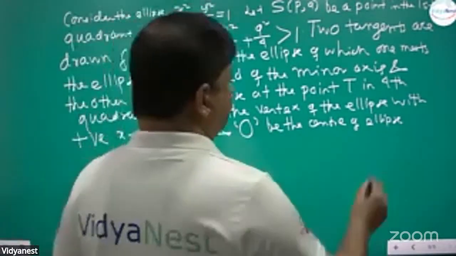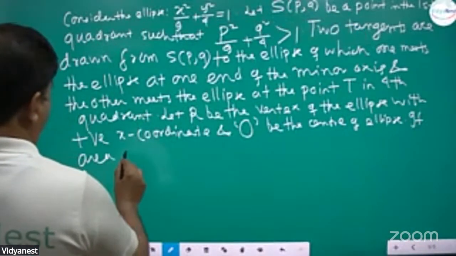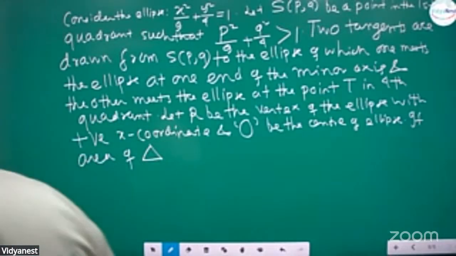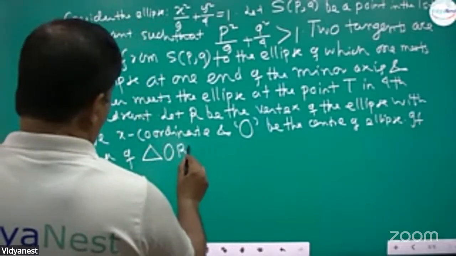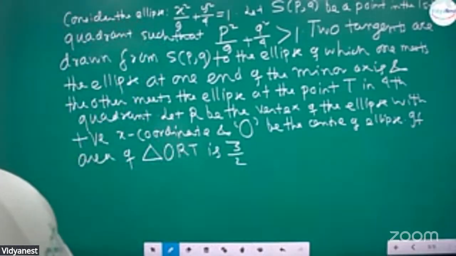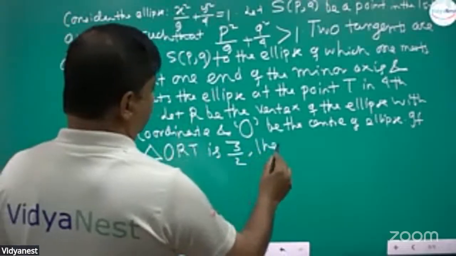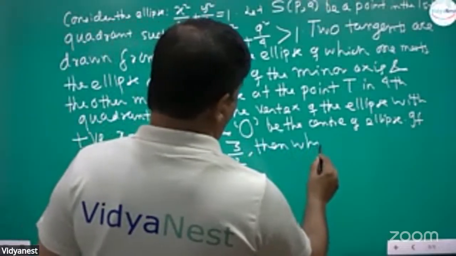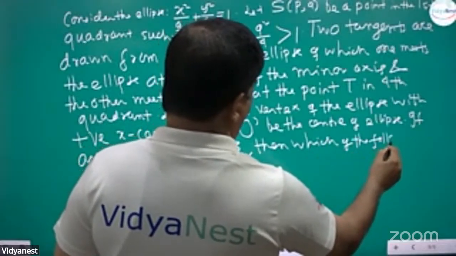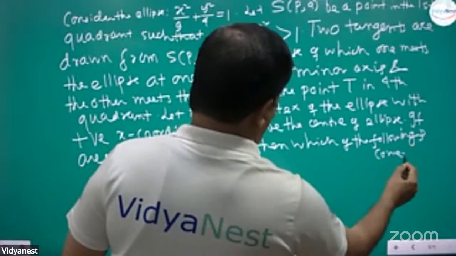If area of triangle ORT is 3 by 2, then which of the following is correct? Four options are given.